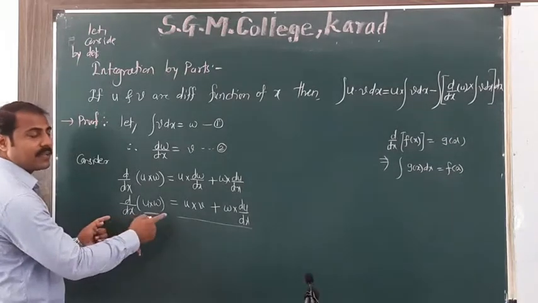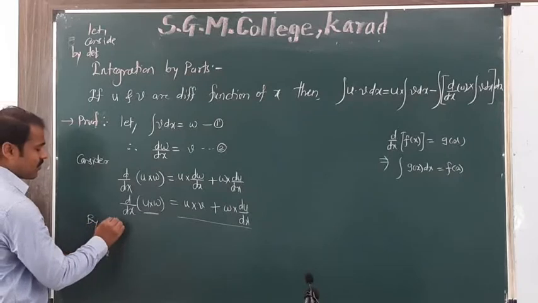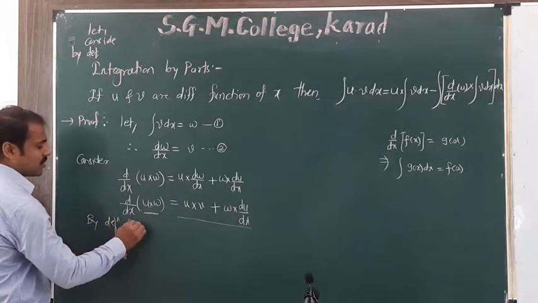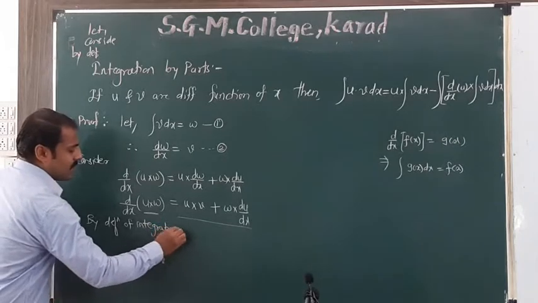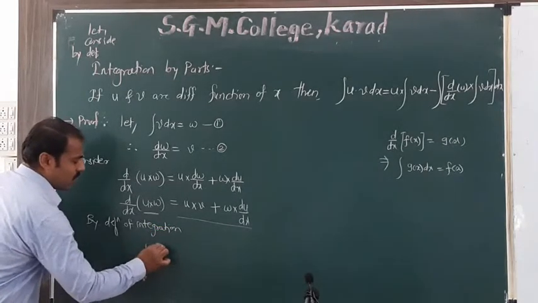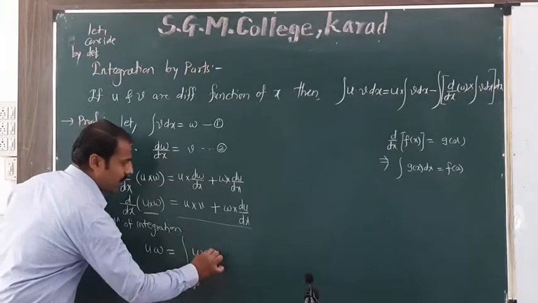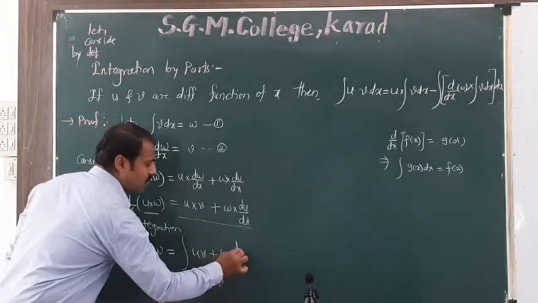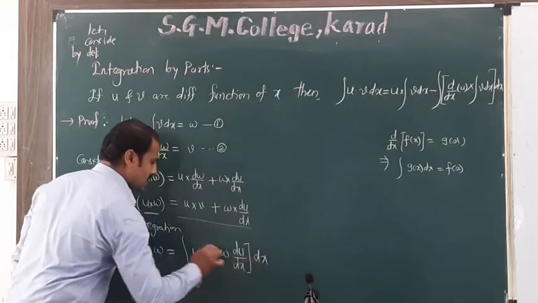So taking integration on both the sides, or by definition of integration, u into w is equal to the integration of u into v plus w into du by dx with respect to x.